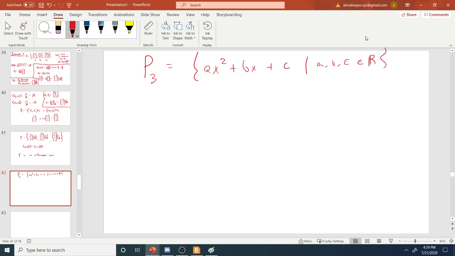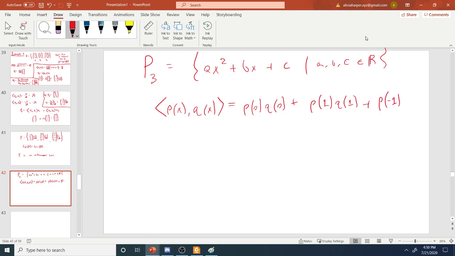And I'm going to define an inner product on this space by setting it to be equal to P0 times Q0 plus P1 times Q1 plus P negative 1 Q negative 1.